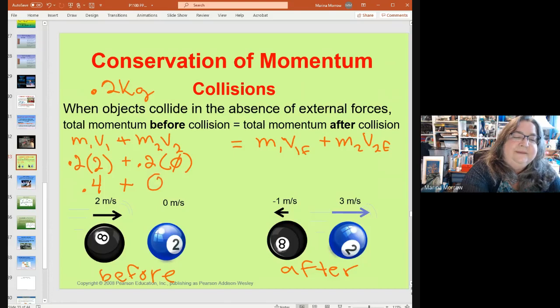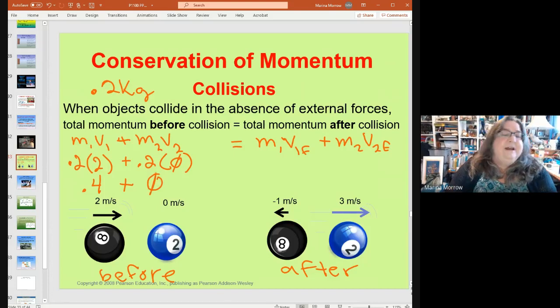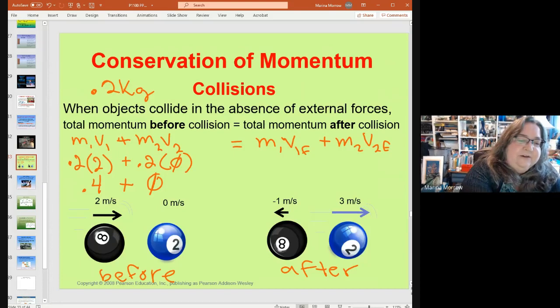I know you're tempted. People often try to put 0.2. They don't want to accept that that ball's velocity is just a 0. And it is. It's got no motion. It has no momentum. So no velocity, no momentum. So it brings nothing to the party here. And so our total momentum is all due to the 8 ball. And so our total momentum is 0.4, and that will come out in kilogram meters per second.